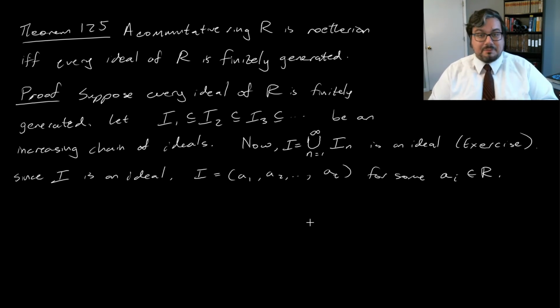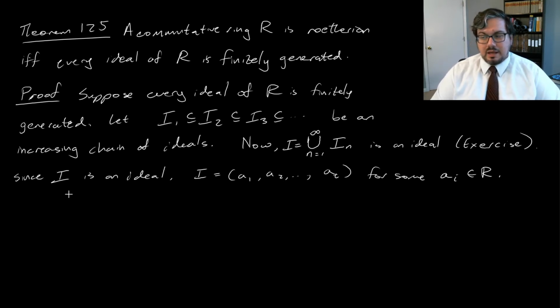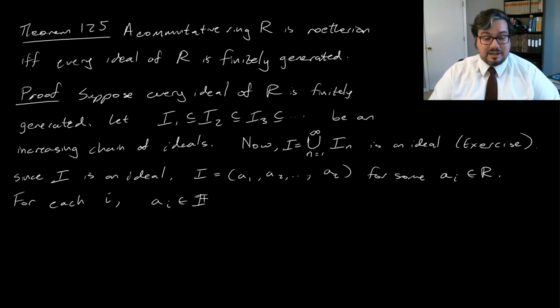There's only T of them for some finite number T. Now, notice that for each generator i, we have that Ai is certainly contained in the ideal I because it's a generator of it, but the ideal I itself is this big union of a whole bunch of other ideals.